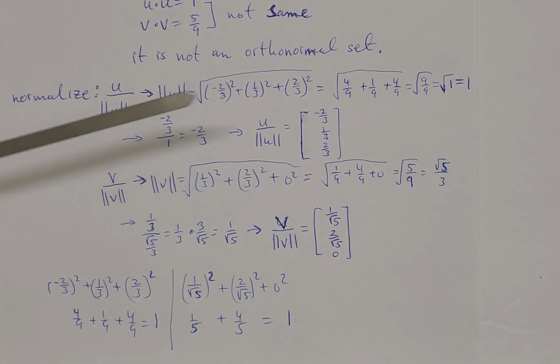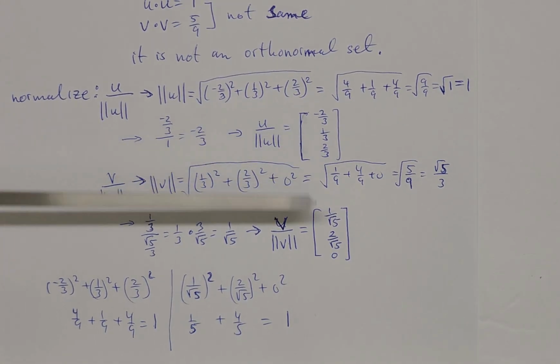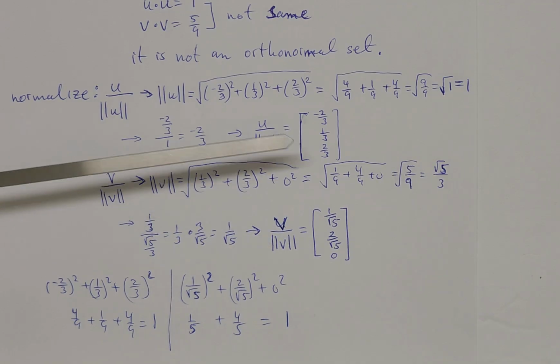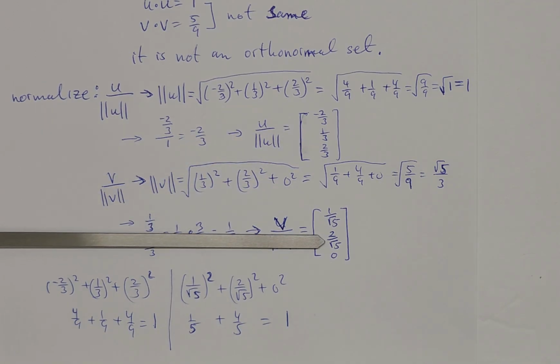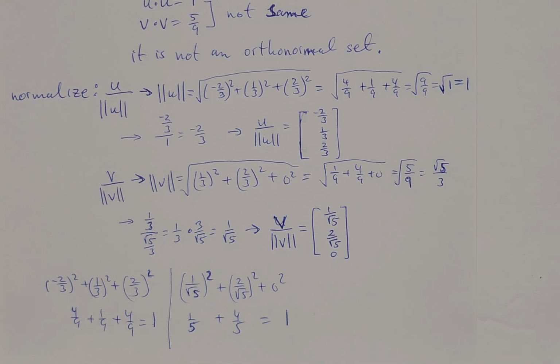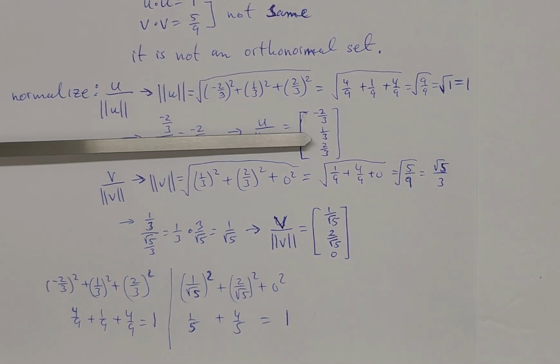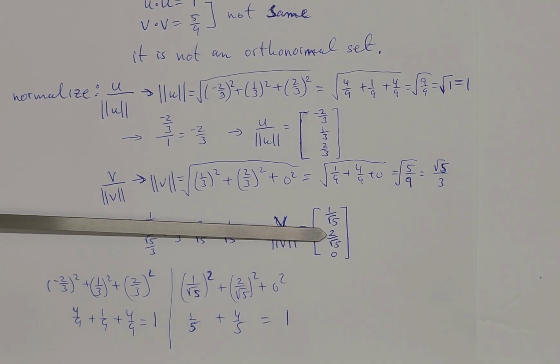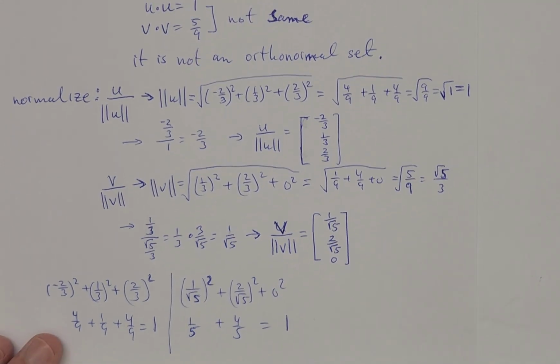So this is being normalized, and this is being normalized. After being normalized, multiply itself twice or square it. And as you can see, this is a 1, this is a 1. They are the same. So now it is orthonormal after normalizing. Okay, so be very careful of that.